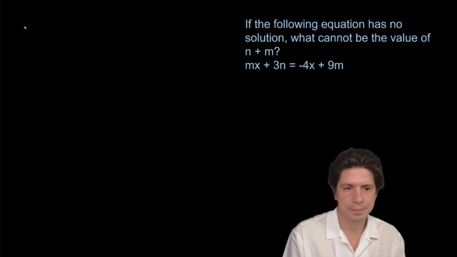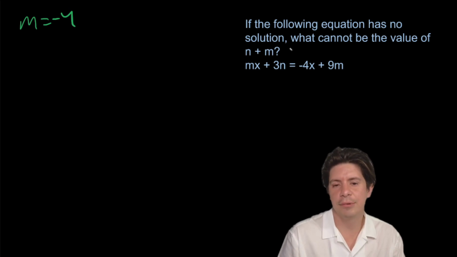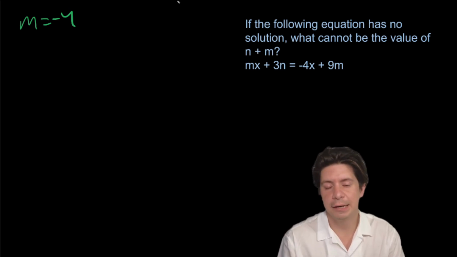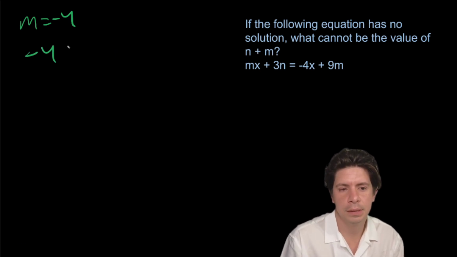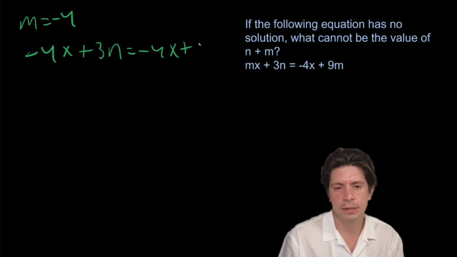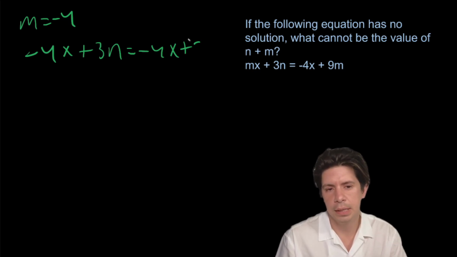So m is going to equal negative 4, because that would give us the same thing here. So now we can plug in negative 4 on this side and this side. So we'll get negative 4x plus 3n equals negative 4x plus negative 36.